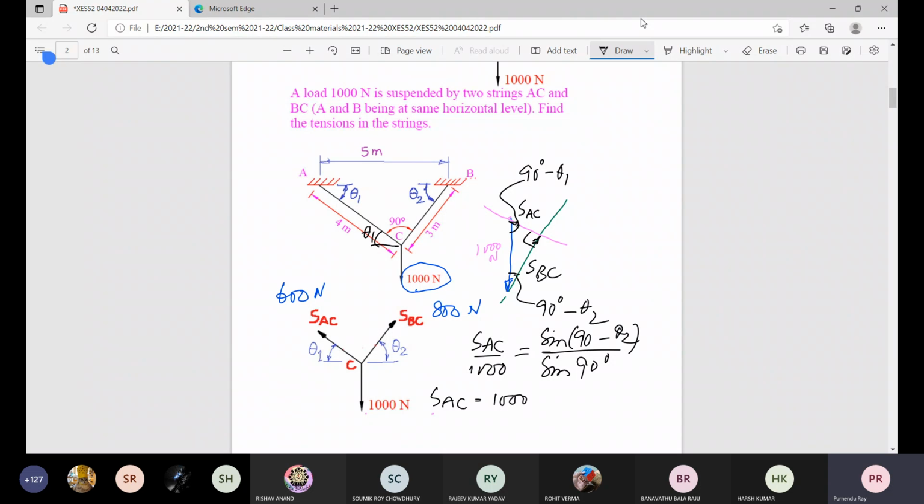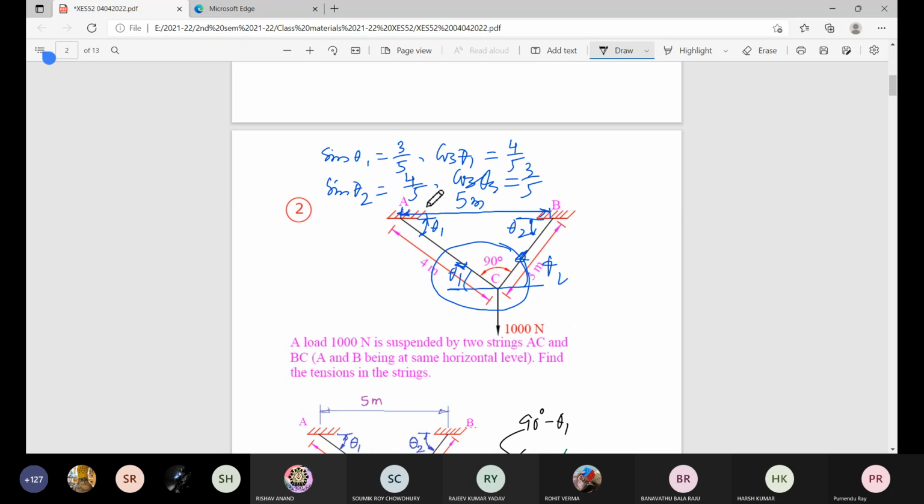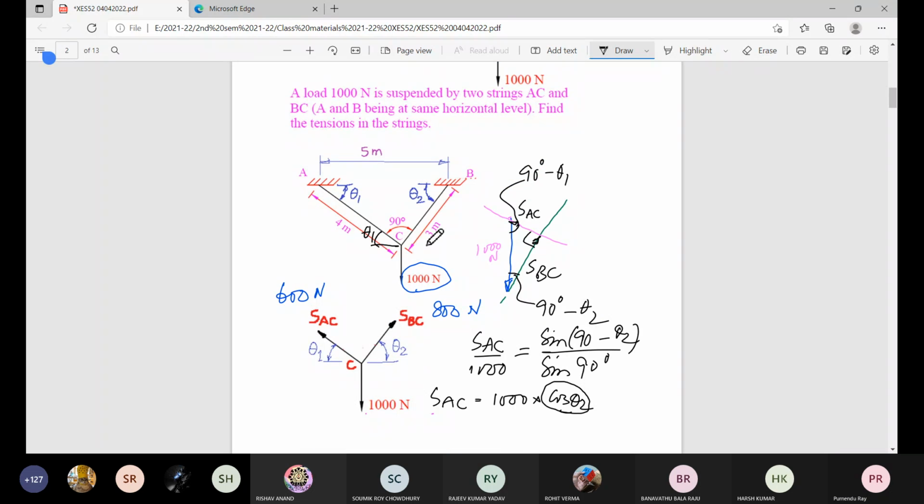And what about cos theta 2? 3/5. Cos theta 2 is 3/5. Okay, so SAC is 600.